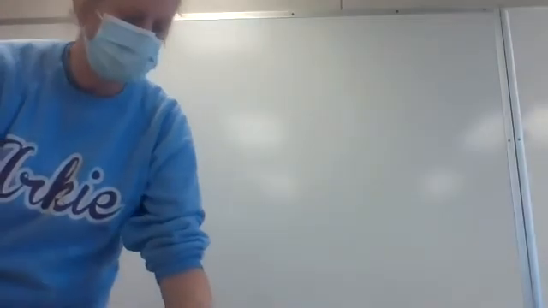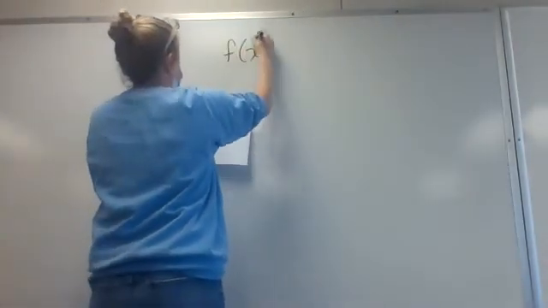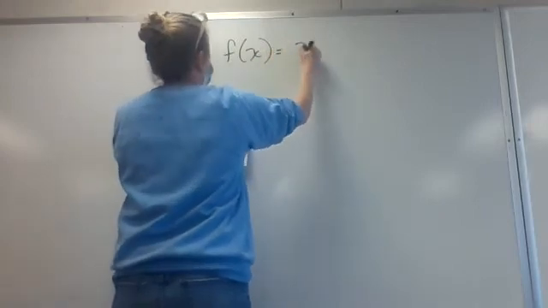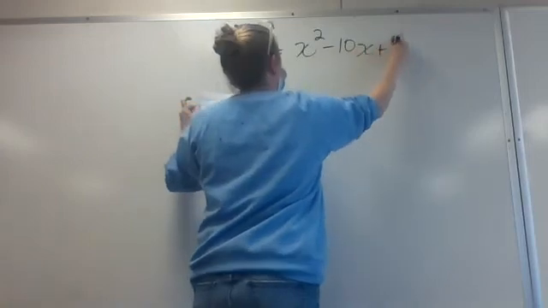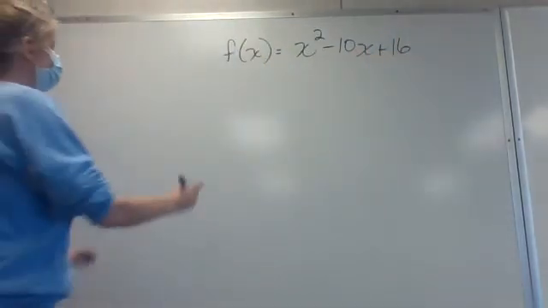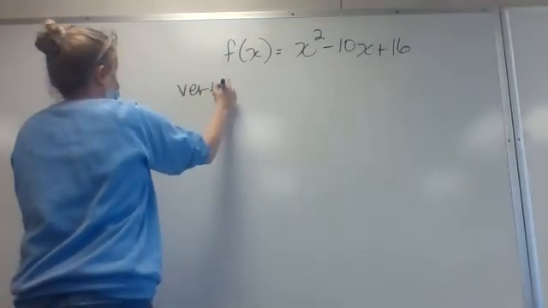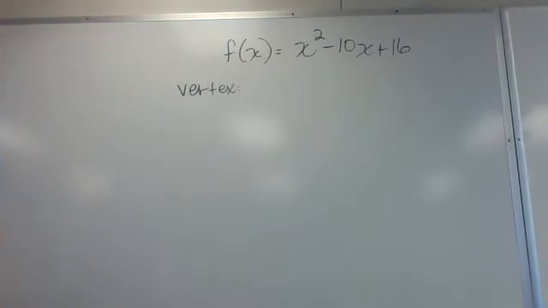Number 13 and 14 are going to ask us the same question about the function f of x equals x squared minus 10x plus 16. The first thing it's going to ask me is where's the vertex?